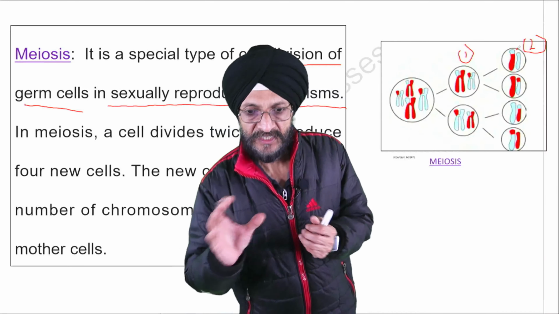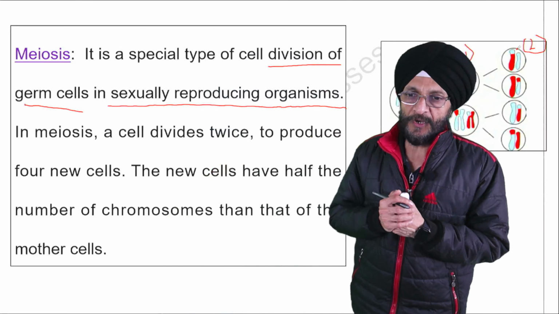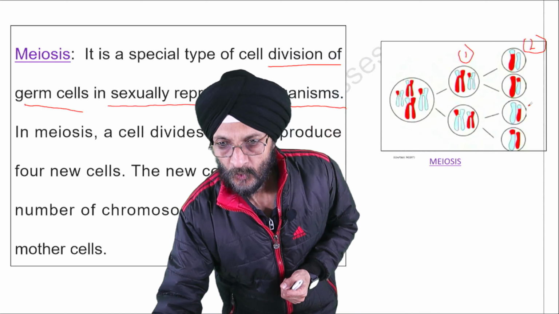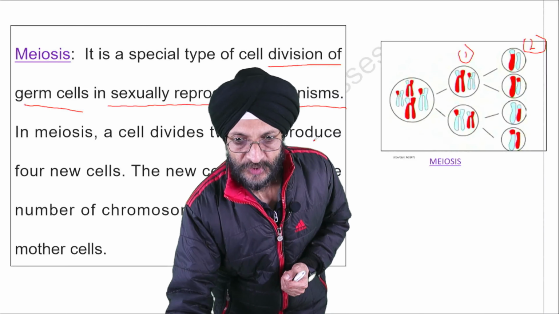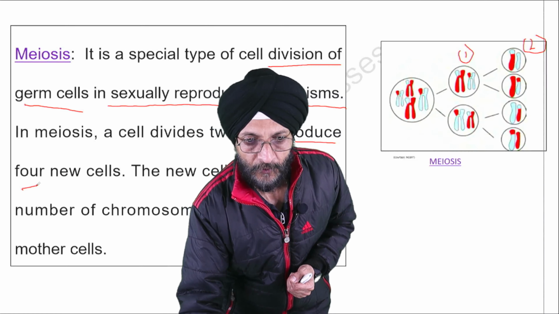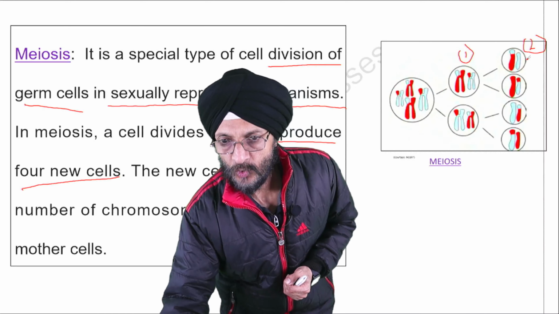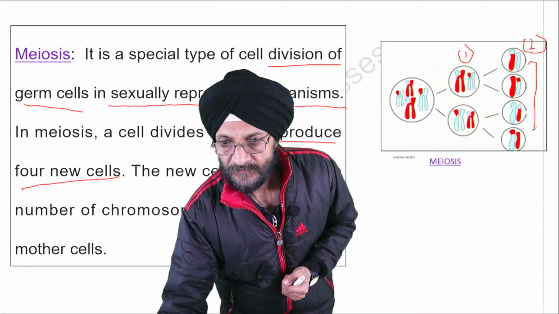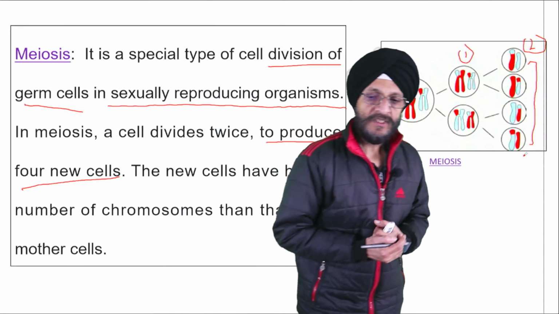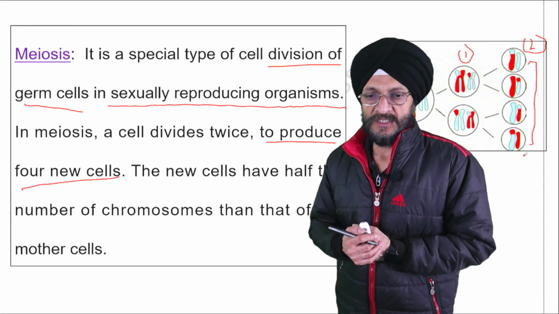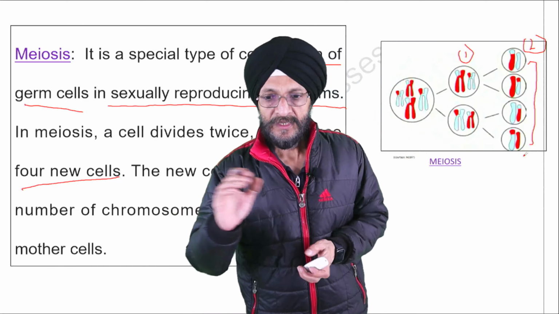A cell divides twice to produce four new cells. This was the one cell and it has divided two times to produce four cells. The new cells have half the number of chromosomes than that of the mother cells.